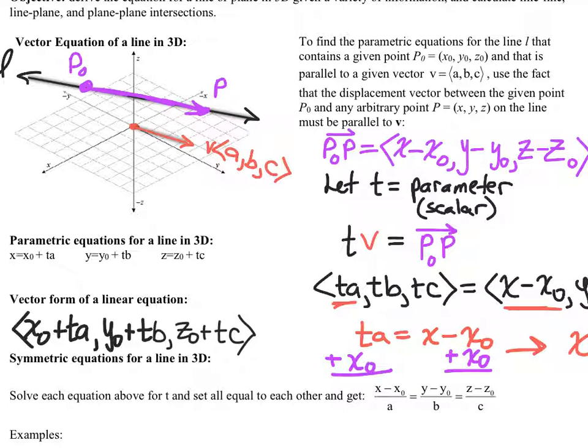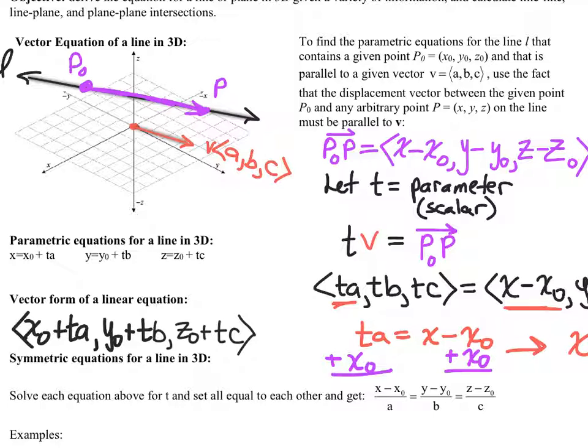And we're actually not going to worry about the symmetric equations. We're just not going to bother with it. Those are the rules that give us the symmetric form, there's just not much we're going to do with it.